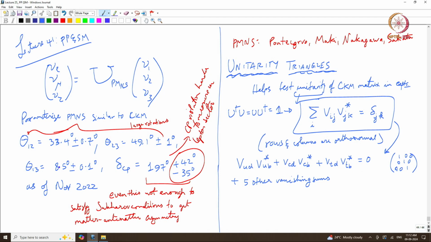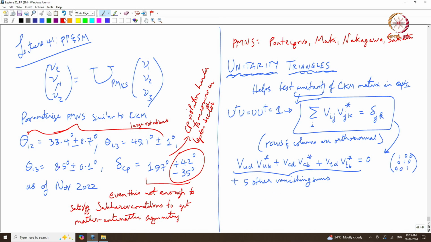Now, what is this in the complex plane? Pause your video and think about this for a second. How would I represent this equation on a complex plane? That is exactly a triangle. Do you agree?